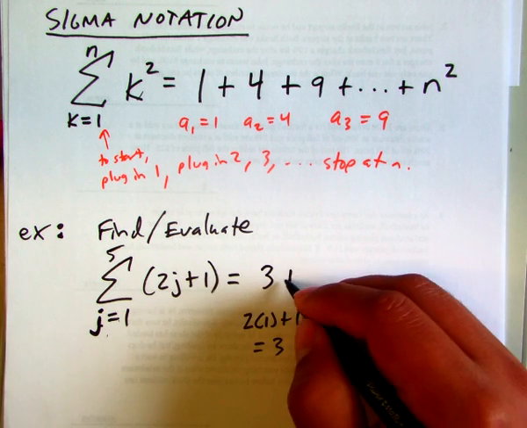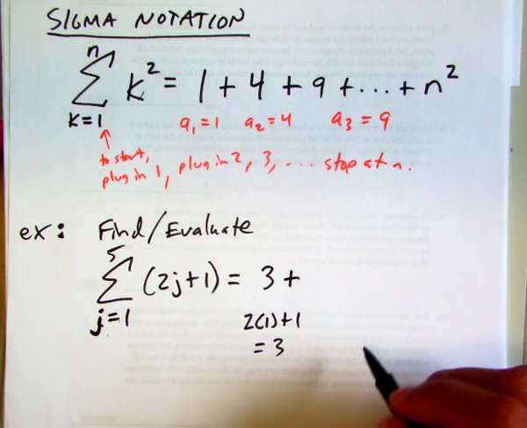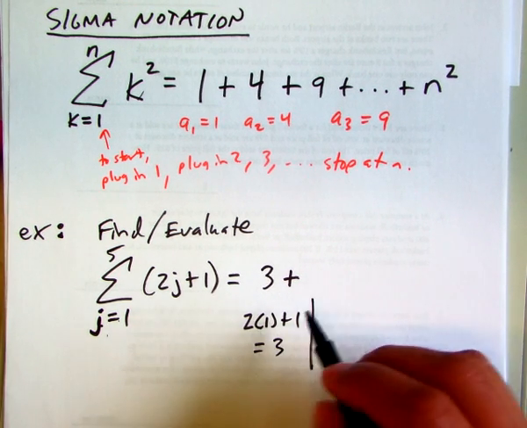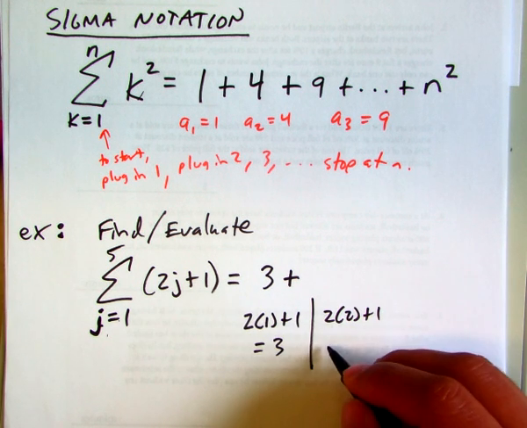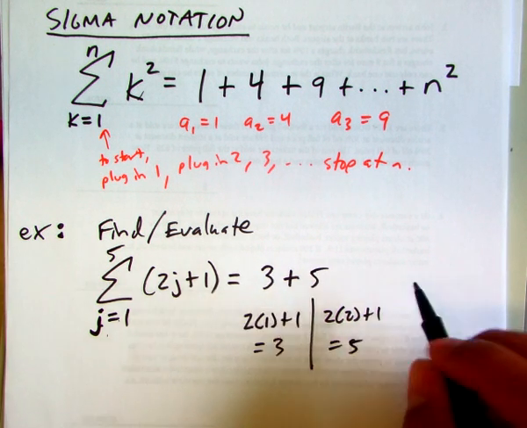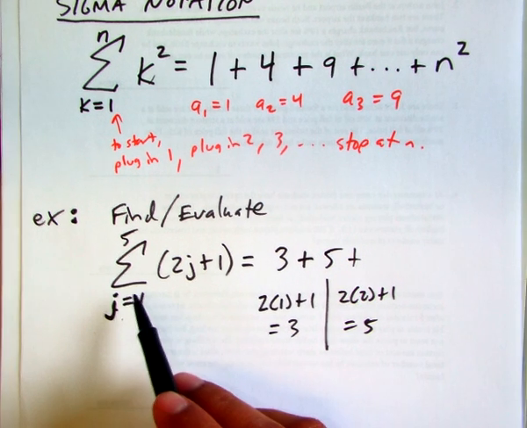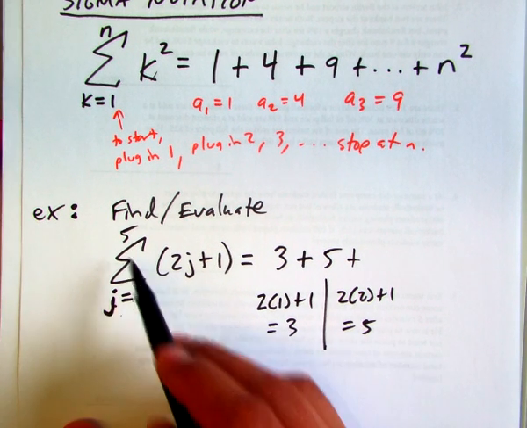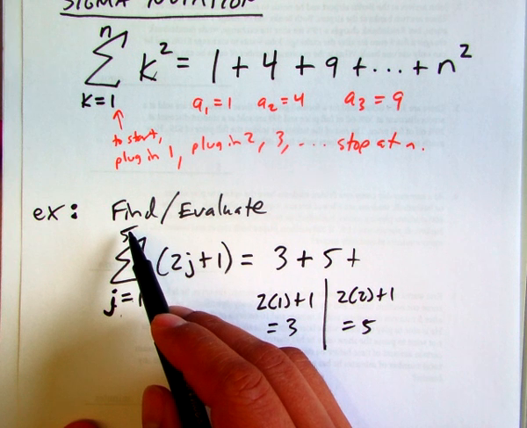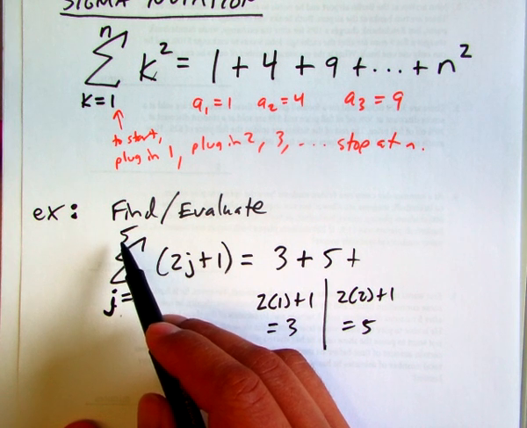We're going to add in the next term. The next term is going to be 2 times 2 plus 1, which is 5. Okay, and since I'm not going very far, I'm only going to plug in 1, 2, 3, 4. And since this is 5 on top, that's how I know that I'm stopping at j equals 5.